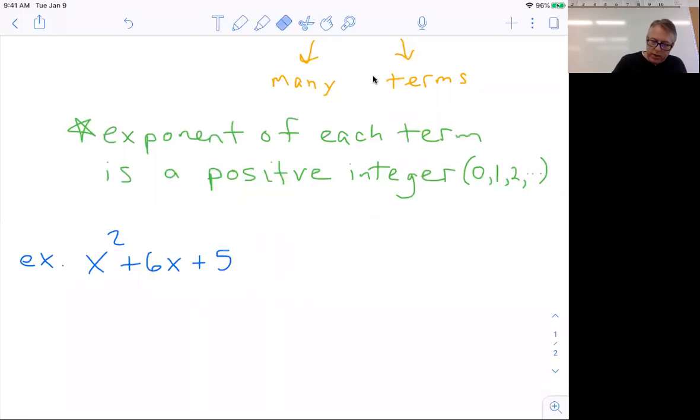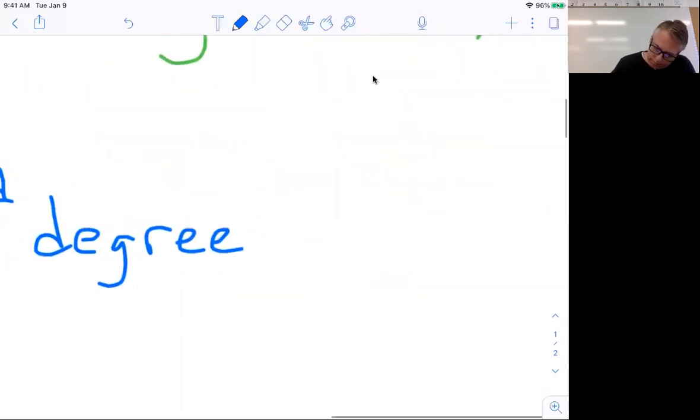I'm going to erase that now because we would never write it that way. That x squared plus 6x plus 5 is a polynomial. More specifically, to name that, it is a second degree trinomial.